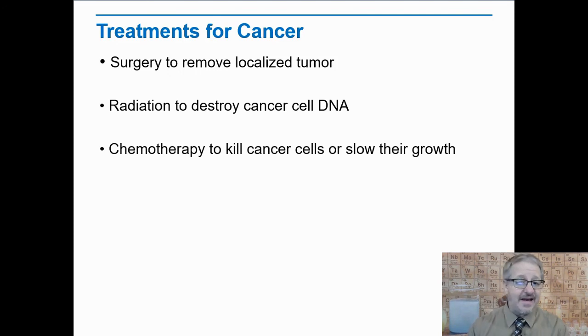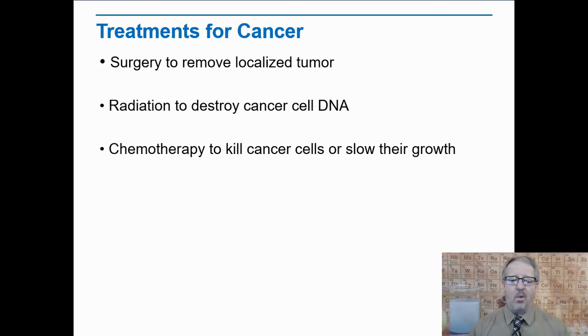And since they need that DNA in order to quickly and rapidly divide, that basically shuts them down. They're no longer able to continue duplicating their DNA fast enough to be cancerous. And there's also a therapy called chemotherapy, and this basically kills cancer cells or just slows their growth.